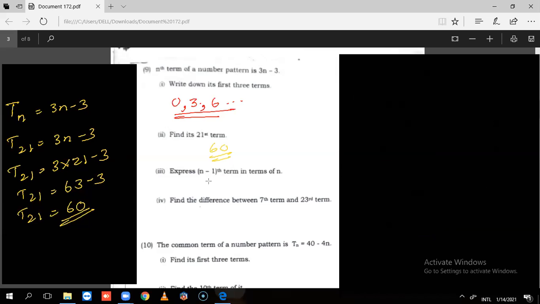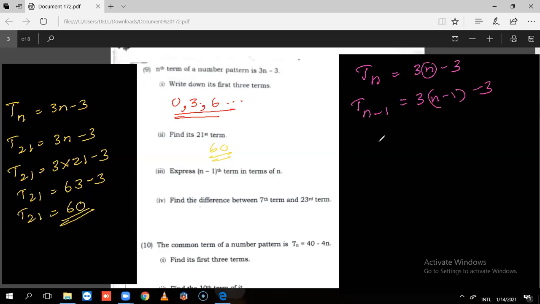They are asking for the n minus 1 term. First write Tn equals 3n minus 3. For Tn minus 1, replace n with n minus 1. Substitute: 3 into n minus 1, minus 3.